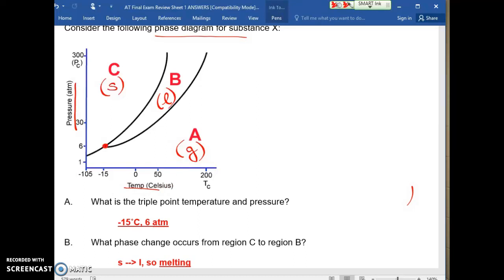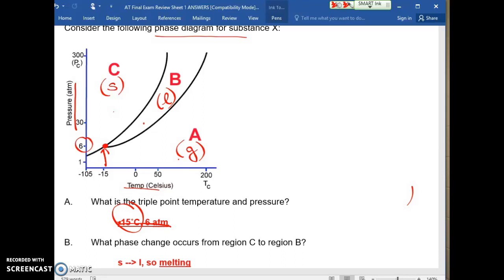It's simply the temperature and pressure at which the substance is found in all 3 phases in equilibrium. Kind of think of a foggy slush, the fog being the gas, the slush being the solid and the liquid together. That occurs at negative 15 degrees Celsius. Make sure to write the negative. And at 6 atmospheres. Well, that could not be easier. That's really an easy question.